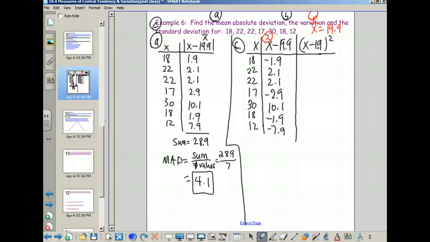So I'm actually going to take my calculator. What is 1.9 squared? 3.61. What is 2.1 squared? 4.41, and I've got that twice. How about 2.9 squared? 8.41. 10.1 squared?